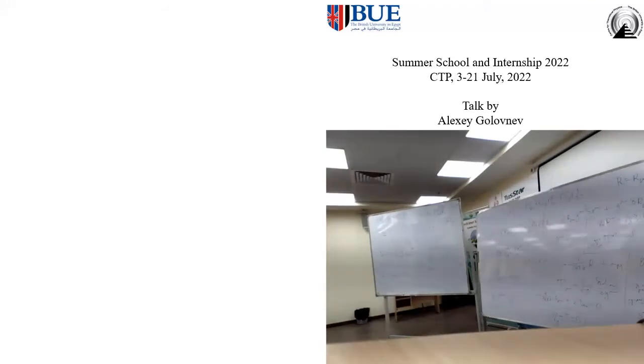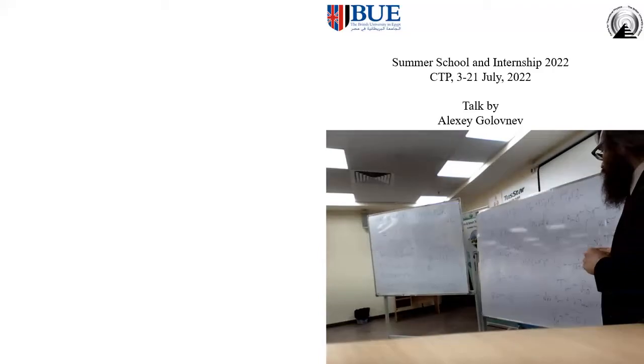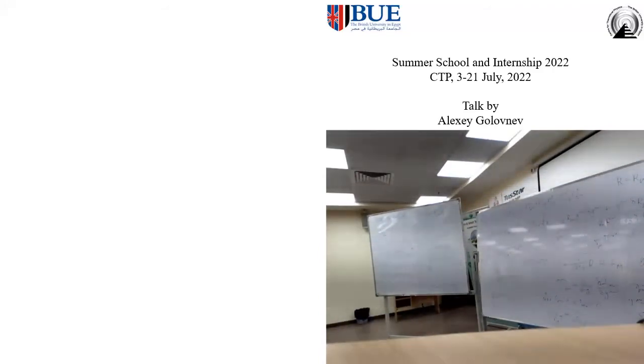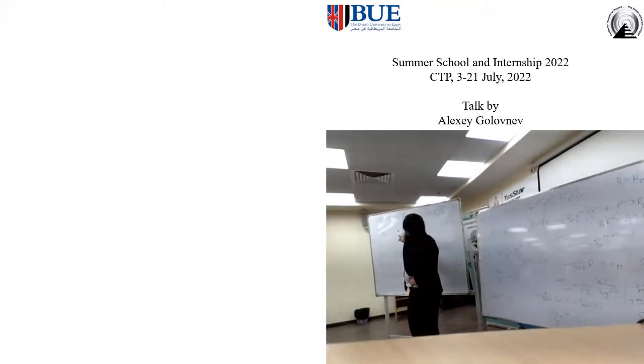Okay, so that's what I was going to discuss today. I was also going to derive the Friedmann equations, but apparently now it's too late, so I will do that tomorrow. But to summarize, we have this kind of geometric foundations.